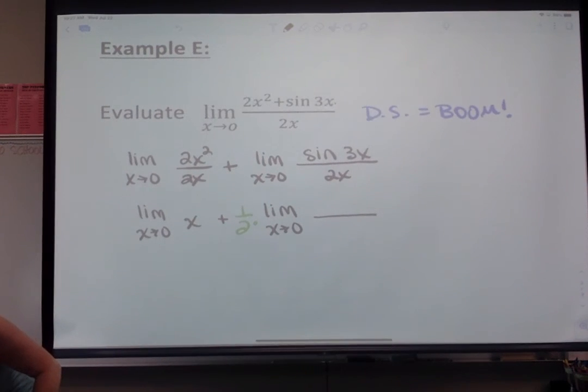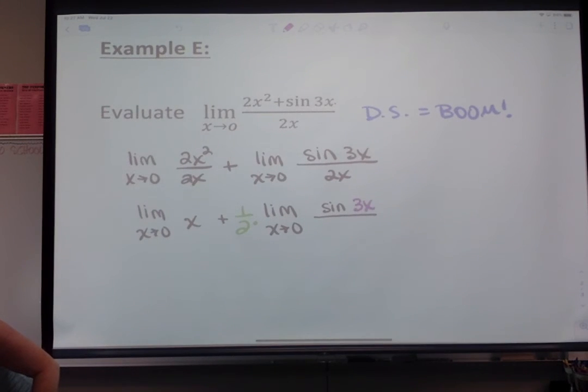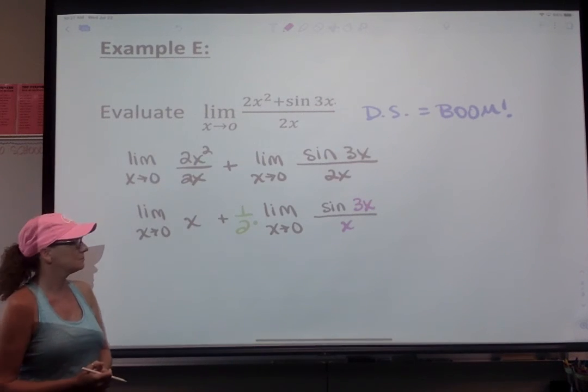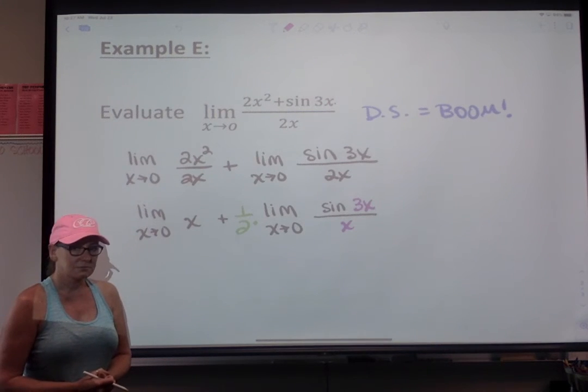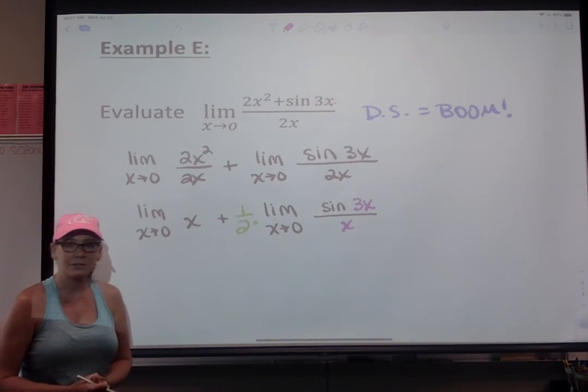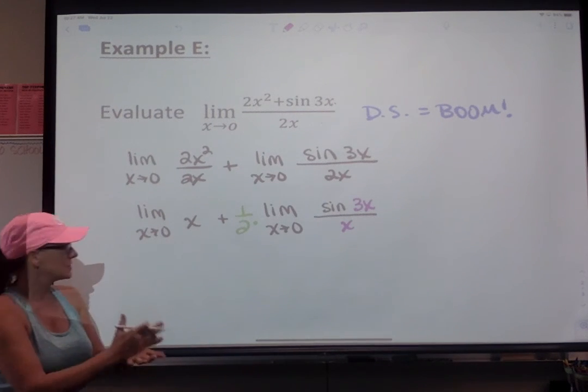And now I have sine of 3x over just plain x. I know, they still don't match, but we're getting there. I'm going to show you how to force them to match.